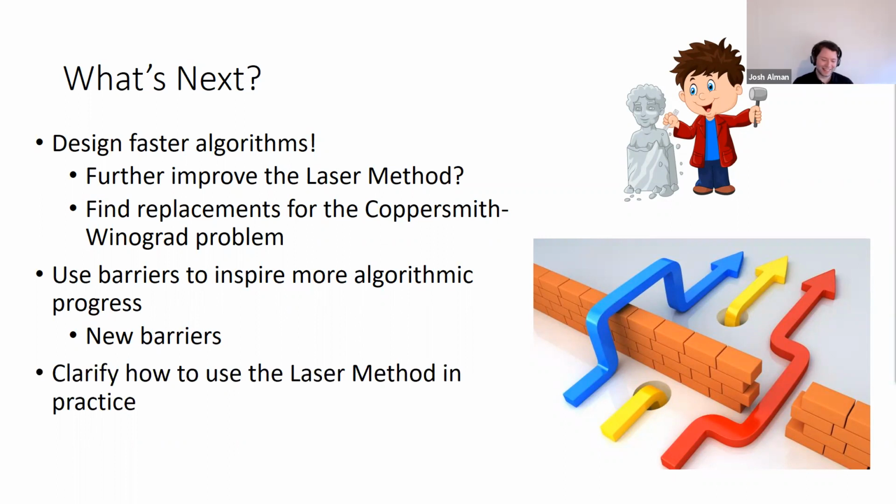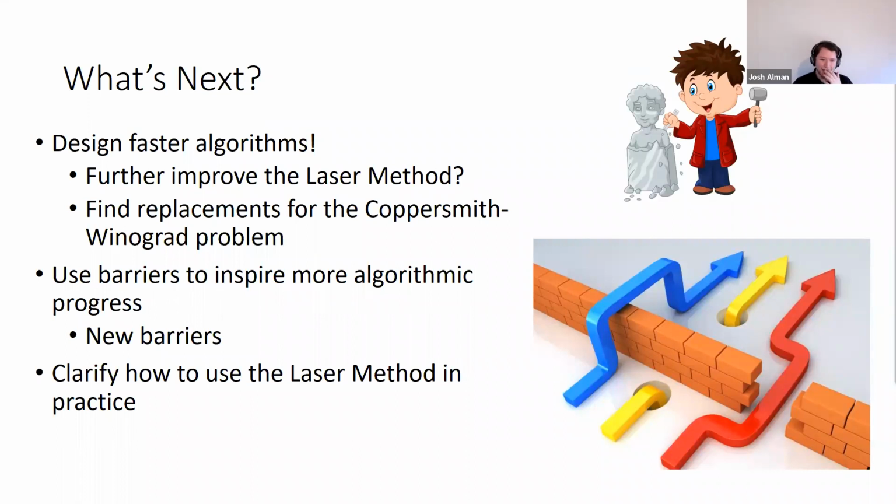And finally, someone asked a little bit about whether these algorithms are practical. The unfortunate reality is that the laser method is a very intricate and complicated method for designing these algorithms. It currently involves a lot of different steps, which massively blow up the constant factors involved in the algorithm. Like I mentioned, the laser method has 6 different steps, and each of these steps blows up the constant factor of the algorithm quite a bit.